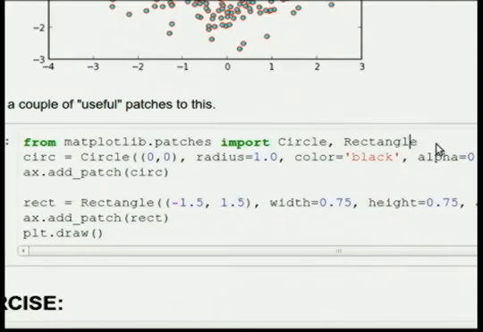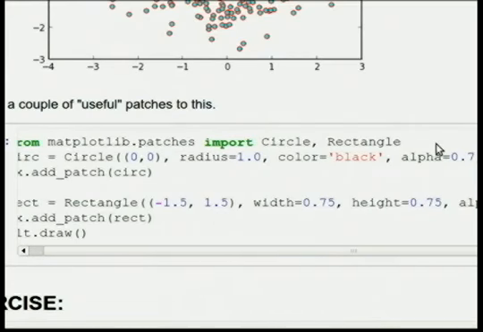And so here we can import from patches a circle and a rectangle. Very straightforward. We're going to center the circle at 0, 0 with a radius of 1. It's going to be black. Alpha controls the transparency, so that way we don't block out the data with this big black blob.